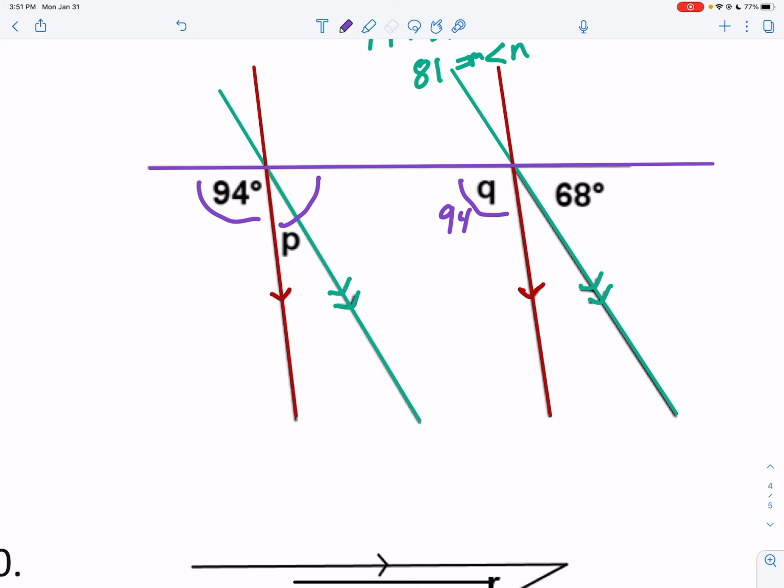Ignore the teal lines, okay? Pretend they're not there. Just look at the red lines that are parallel and the purple transversal. This entire angle right here, not P and not this part on its own, the entirety of this to the transversal, what added to this will be 180. So this entire thing is 180 minus 94, which is 86. That whole thing is 86.